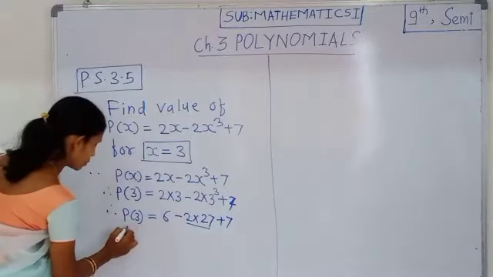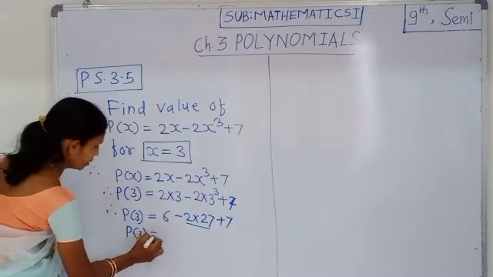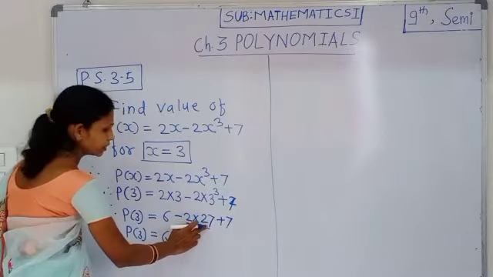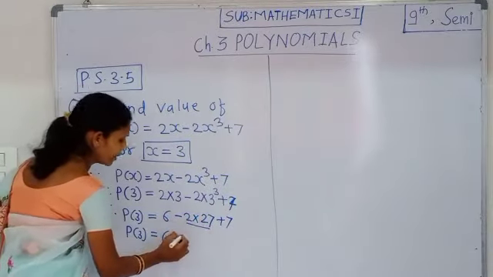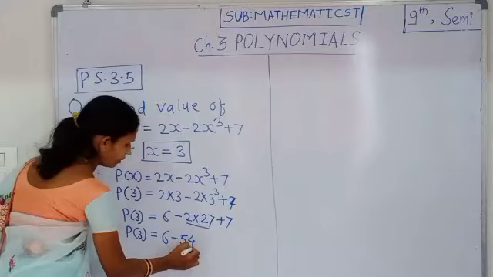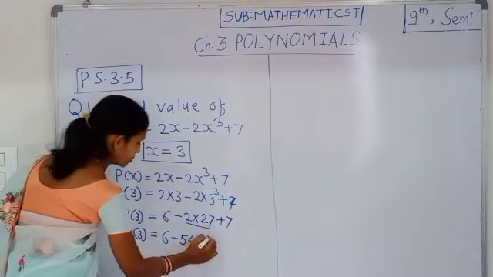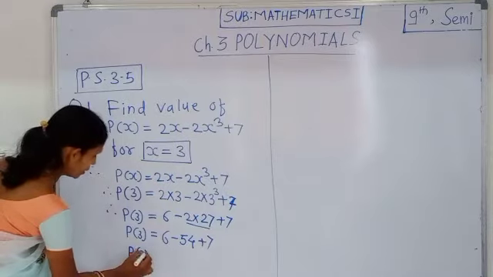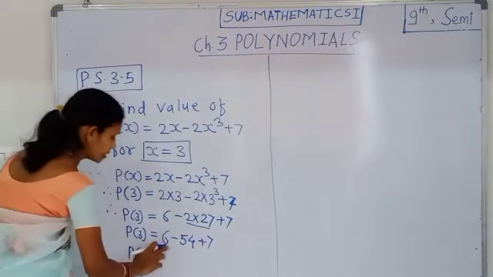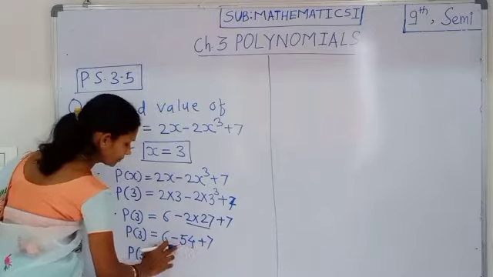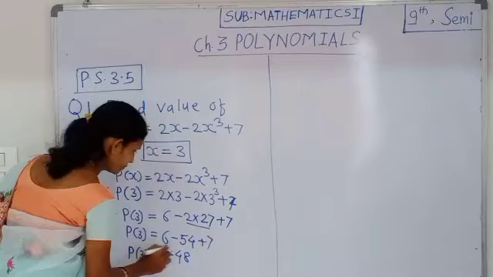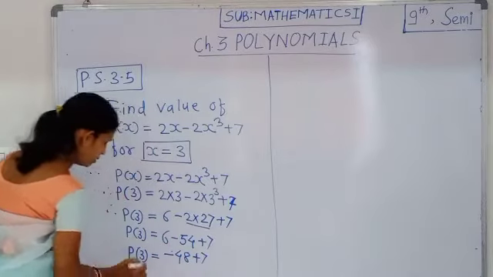Therefore p(3) equals 6 minus 2 into 27, that is 54, plus 7. Then 6 minus 54 is minus 48, plus 7.